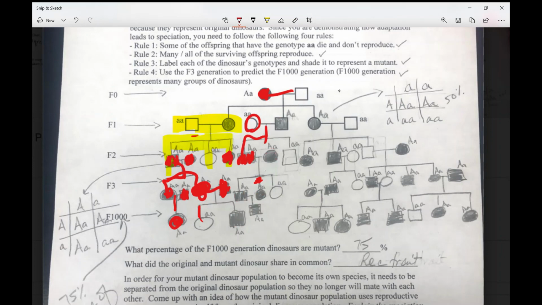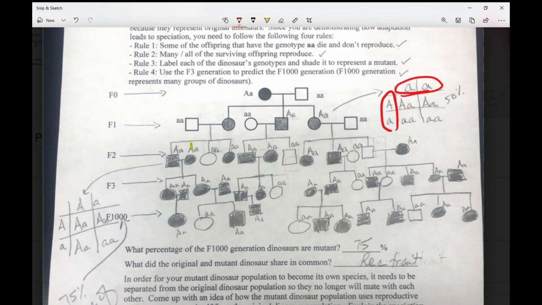Now, the last thing we look at is, what kind of outcome did we have? What kind of prediction should I have? If I'm looking at the genetics of it, if I had a heterozygous dominant trait and a homozygous recessive, I have them having 50% of their children having the possibility of either genotype.